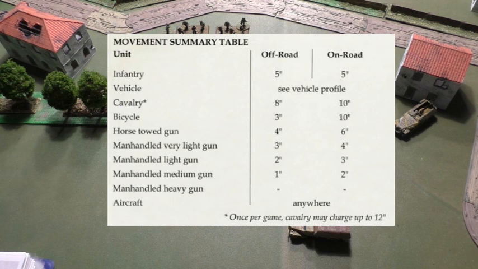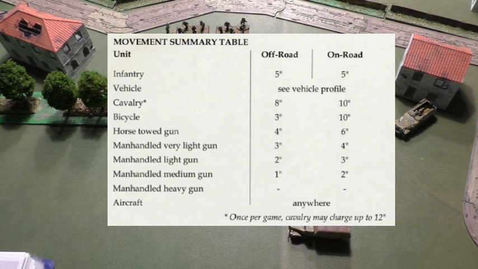This table, as we can see, has infantry, vehicle, cavalry, bicycle, horse, aircraft, etc. marked on it, with off-road and on-road. Each movement is counted in inches. This is also the same table for every army.